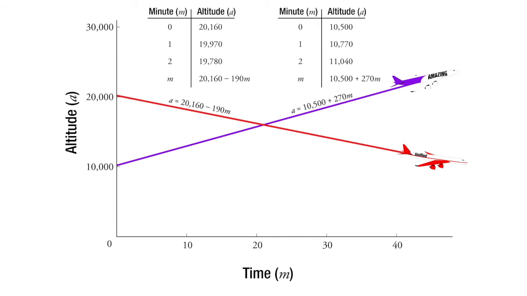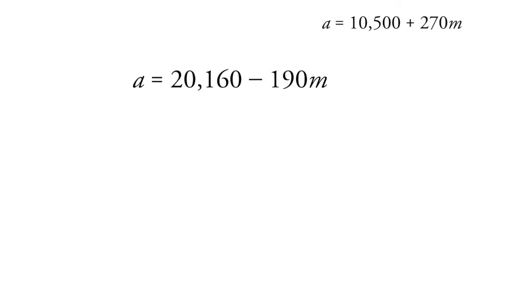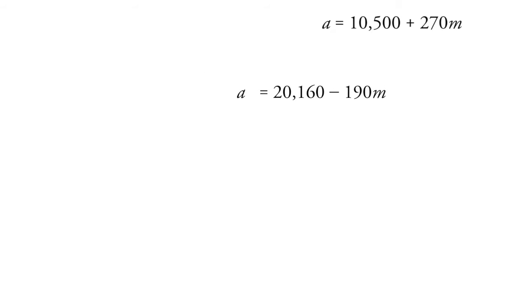And so before, we were solving for a first so we could eventually isolate m. But this time is the opposite. We actually want to figure out what a is. So we're going to solve for m first. We'll take this first one, a equals 20,160 minus 190m, and we'll try to isolate the m.